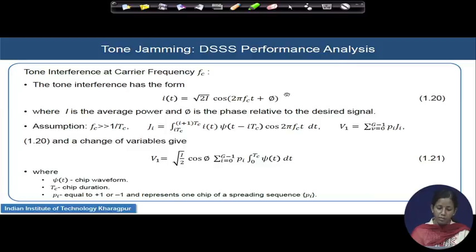So, it has some phase offset with respect to the desired signal, denoted as phi. If this is the situation, and if the assumption holds that the transmission carrier frequency is too high compared to the chip rate, then we can compute Ji of the earlier equation that I showed in the earlier slide by substituting the value of IT from equation 1.20.